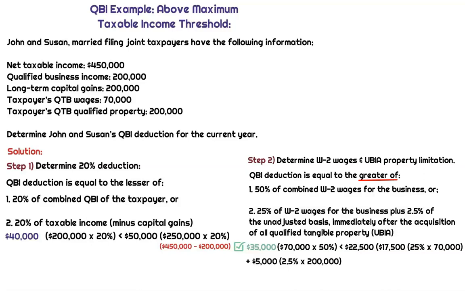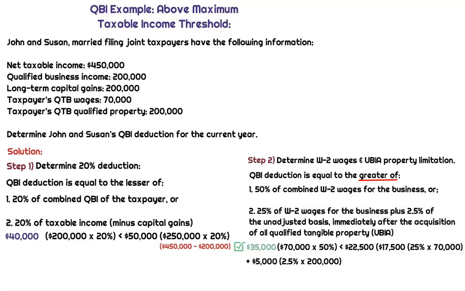Okay, so the greater of the two is 35,000. That is going to be the taxpayer's qualified business income deduction, right? Notice 35,000 is less than the original tentative deduction of 40,000. Less is more, but also more is less. Okay, so because they made more money, they're going to have less of a deduction.